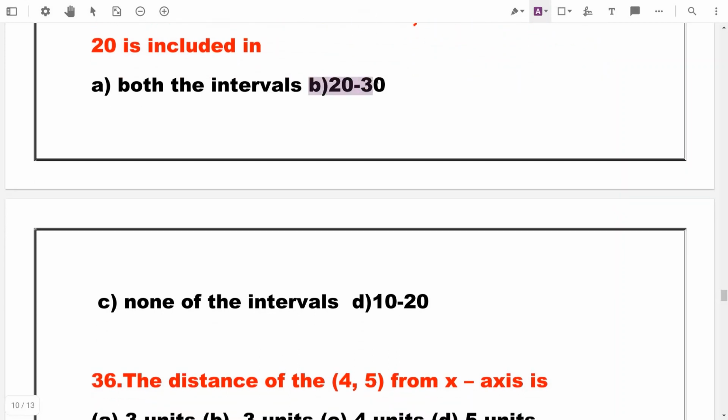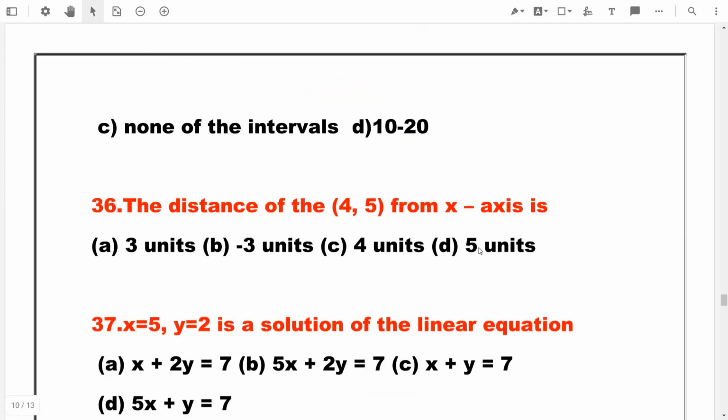Answer 20 to 30. The distance of 4, 5 from x-axis is, options are 3 units, minus 3 units, 4 units, 5 units. Answer D, 5 units.